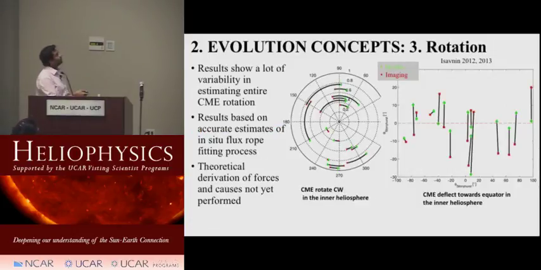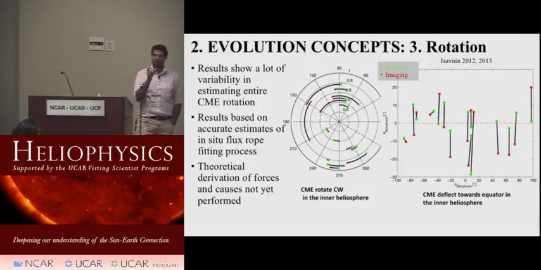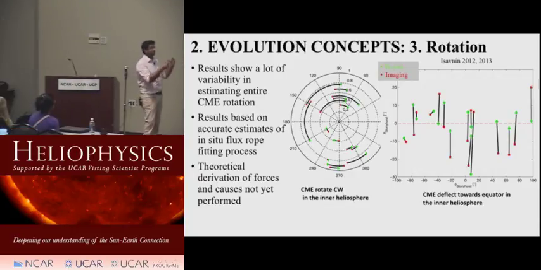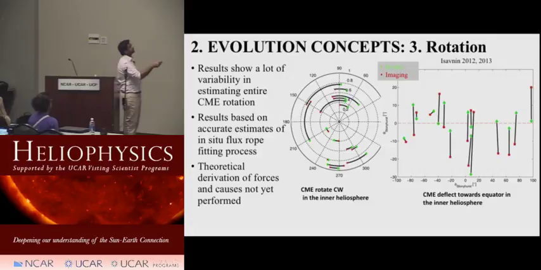The green is meant to say in situ, and so the direction of the axis of your CME, the central axis of your flux rope, how that's orientated in terms of angles and position in the heliosphere is shown as the green dots. So this is its tilt effectively. In situ is green, and in the remote sensing and the images it's red.